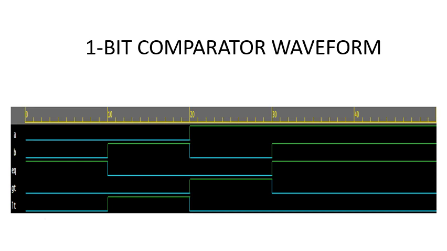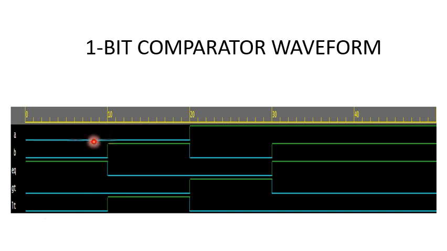So here at t equal to 0, the two numbers we have given as 0, 0. For this only the equal output of the comparator should be 1 and the other two outputs, that is less than and greater than, are 0.